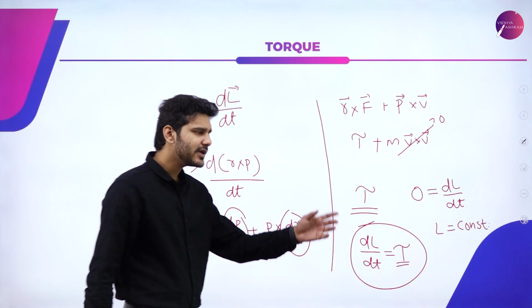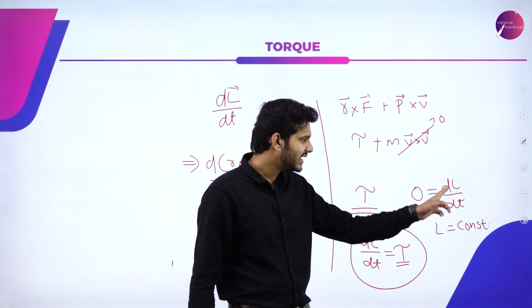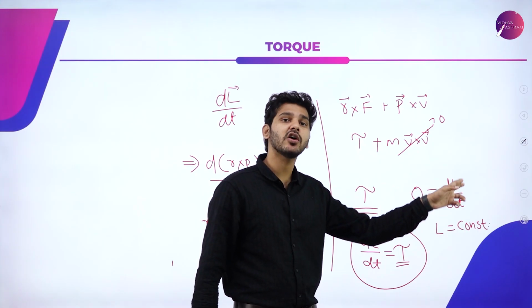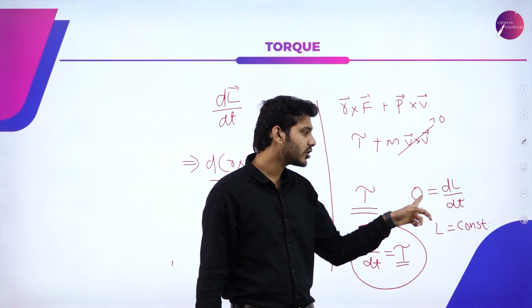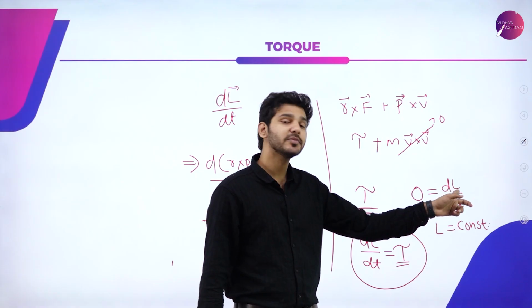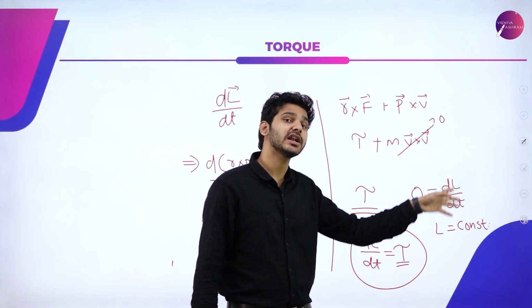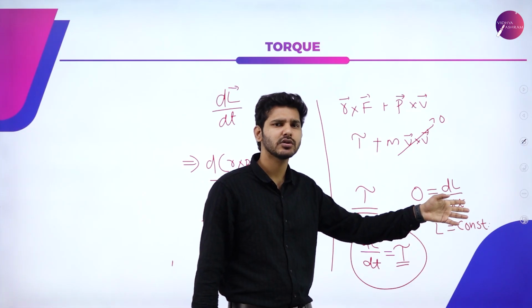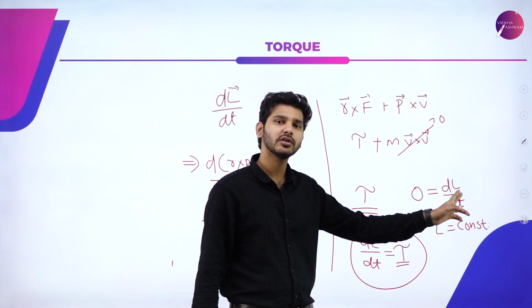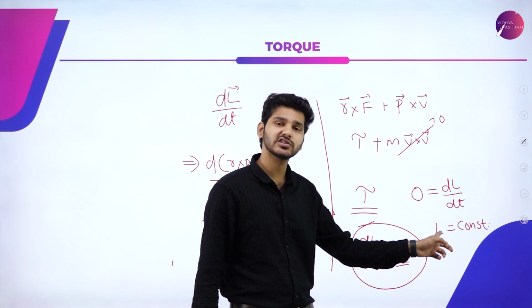Remember, dL by dt is the rate of change. If no torque is applied, angular momentum is not changing, so the rate of that change is 0. So we can say that L is a constant.